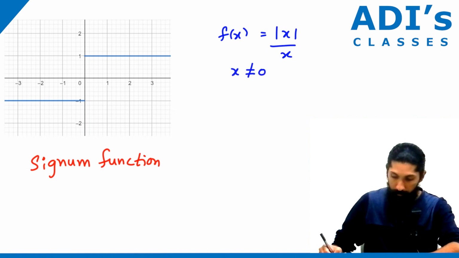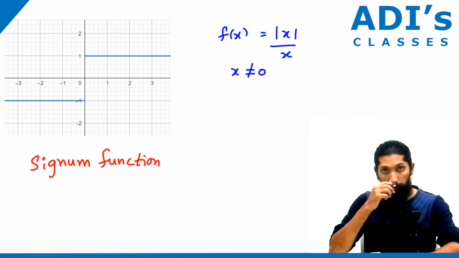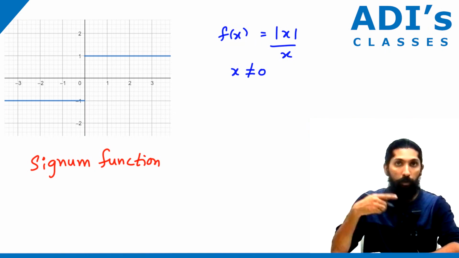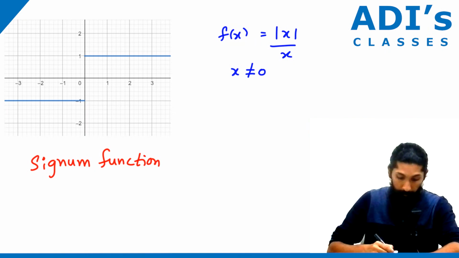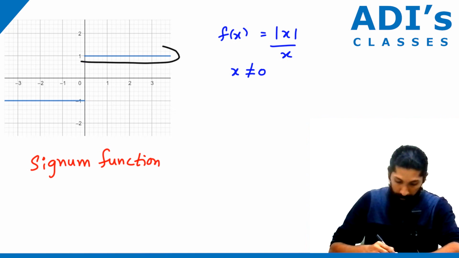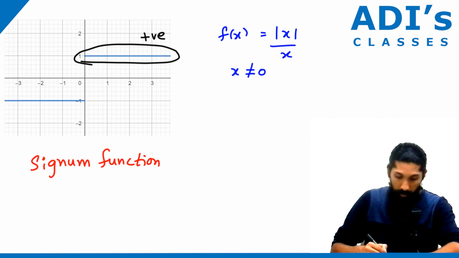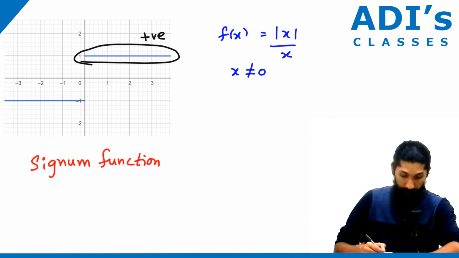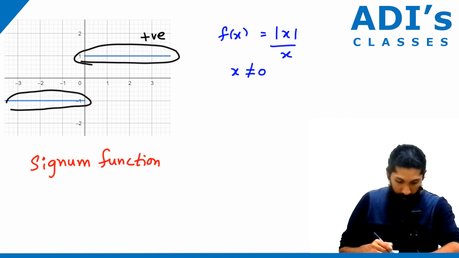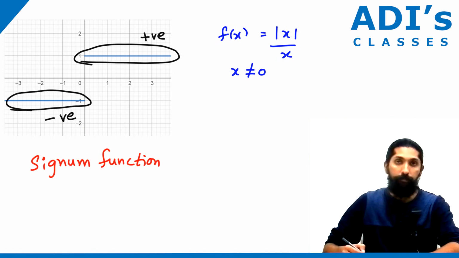Quite obvious. Okay, now if you look at this, suppose x is a positive value, then everywhere it's 1. So that's what we are looking at here, for all positive values. Suppose x becomes any negative value, then this entire curve is going to come where you have negative.